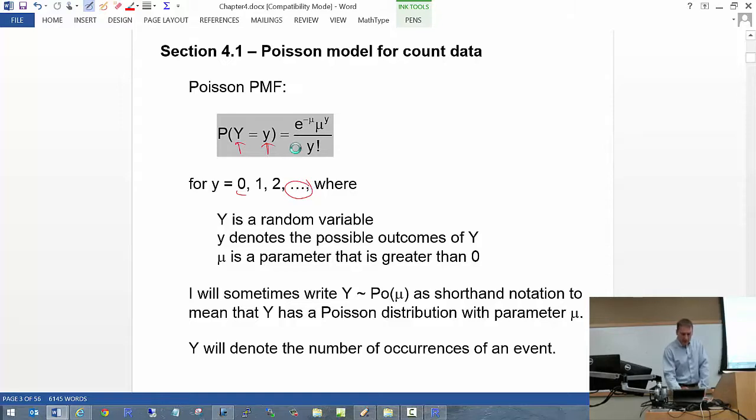And on the right-hand side, we see the actual function: e raised to the negative mu, where mu is a parameter, times mu raised to the y power over y factorial. This mu parameter is greater than 0. As a little bit of shorthand notation, I can say Y is distributed Poisson mu, or Po(mu).